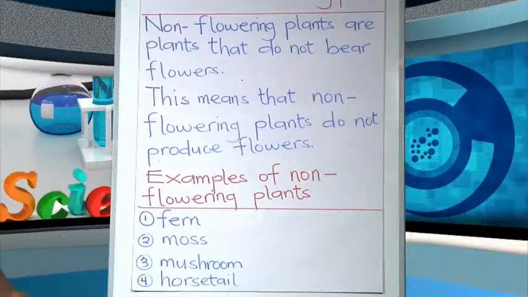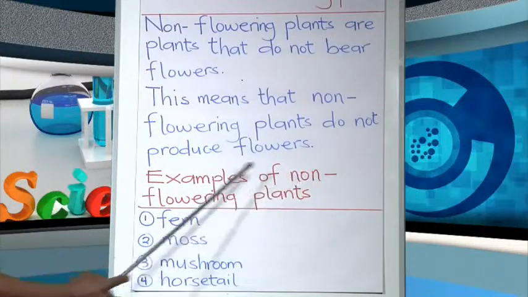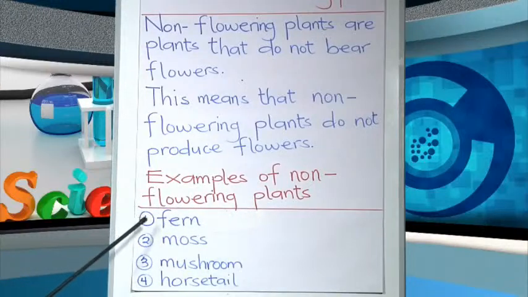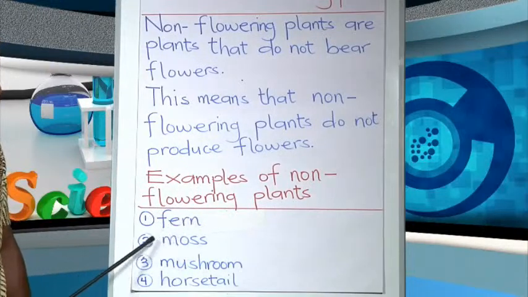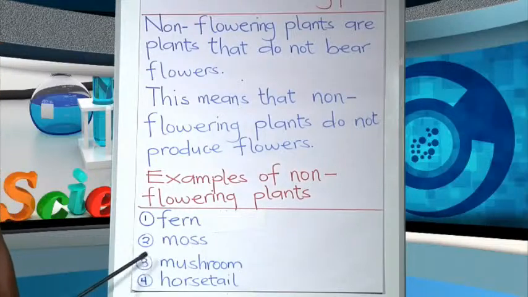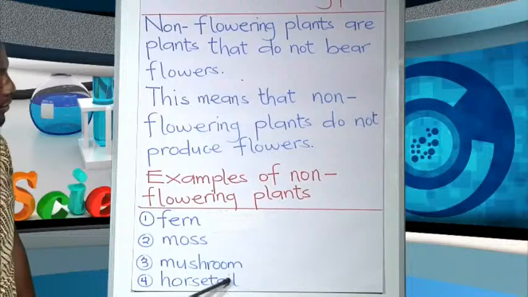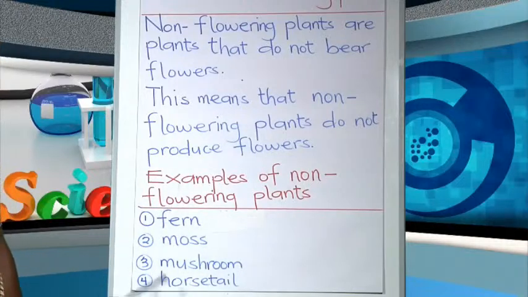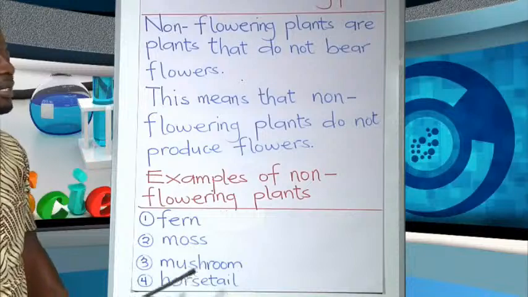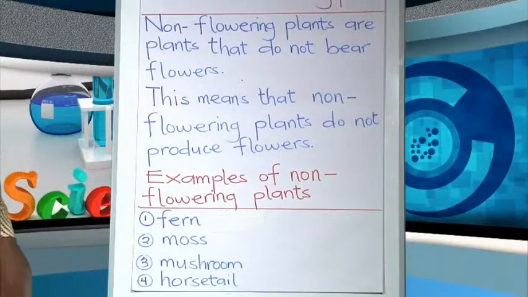Unlike the flowering plant, they produce flowers. Examples of non-flowering plants: fern, moss, mushroom, horsetail. All these are examples of non-flowering plants.